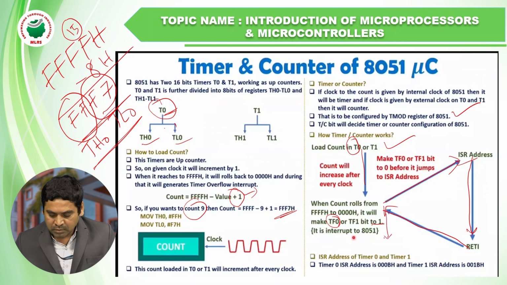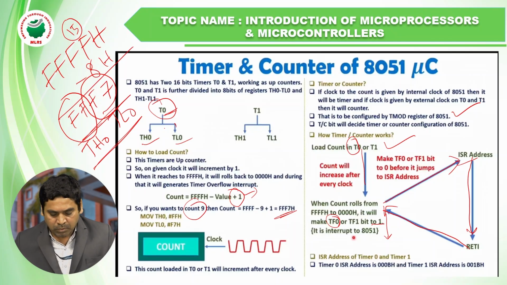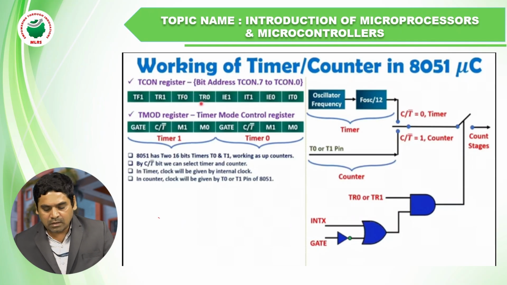Again the count starts from 0000H and counts one by one when the clock is given internally. Both timer 0 and timer 1 work as up counters. So this is about timers and counters and how they work.